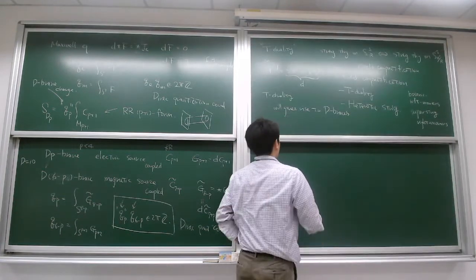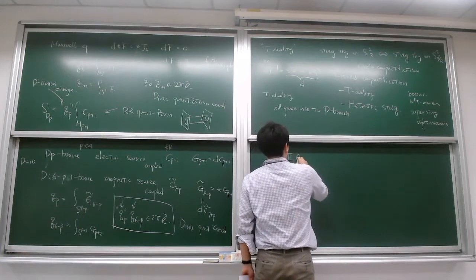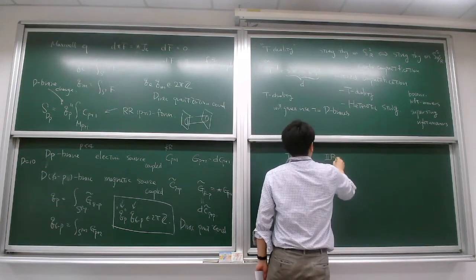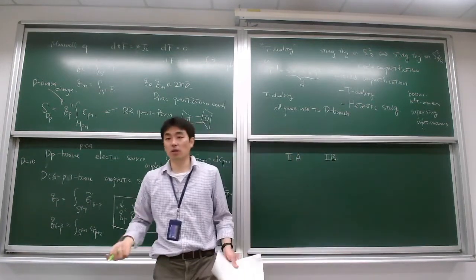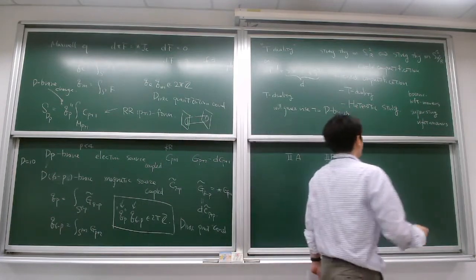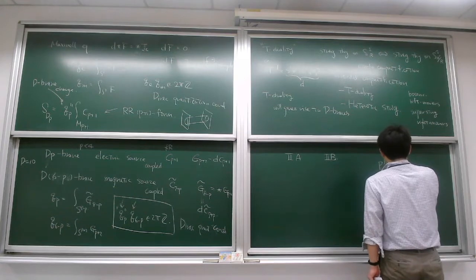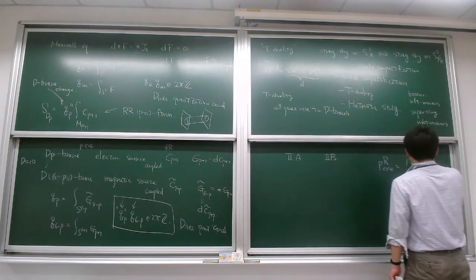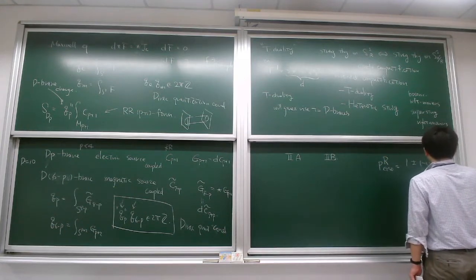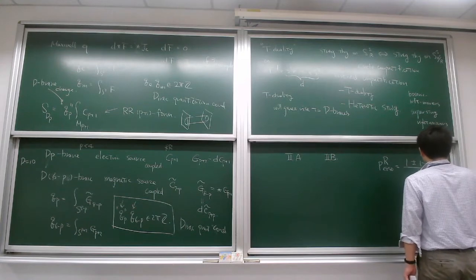so last time we introduced 2A and 2B by picking a different way of the GSO projection. So last time, in the Ramond sector, the GSO is 1 plus minus (-1)^F over 2.